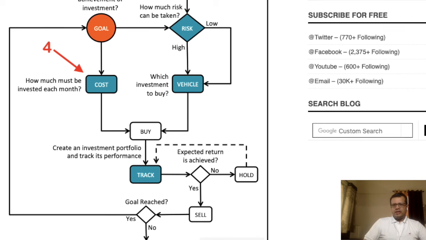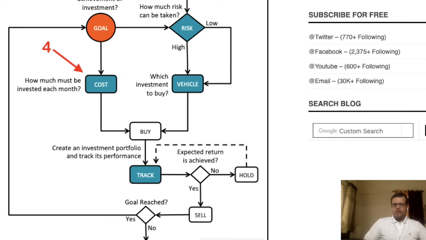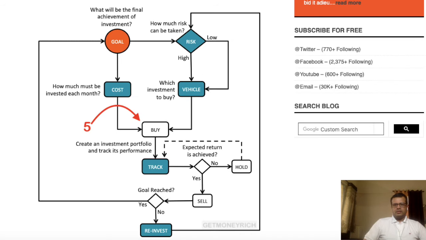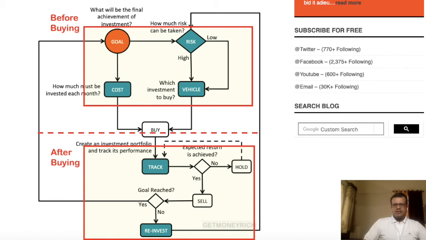Once you have done all these 4 steps and you are getting a green signal, go ahead and buy the investment. These are the steps that one must take care of before buying an investment.